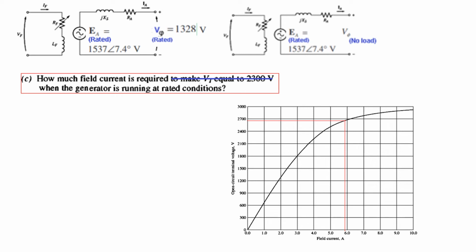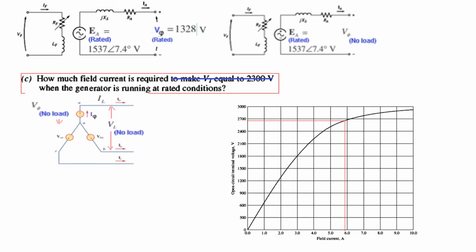Now let's go back, because this voltage is the line voltage and this is the phase voltage. So we have to convert the phase voltage into line voltage, and we know this diagram for the Y connection, V phase and V line, and you know that V line is root 3 times greater than V phase.